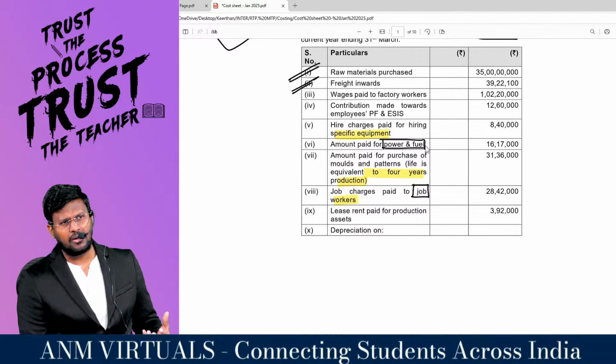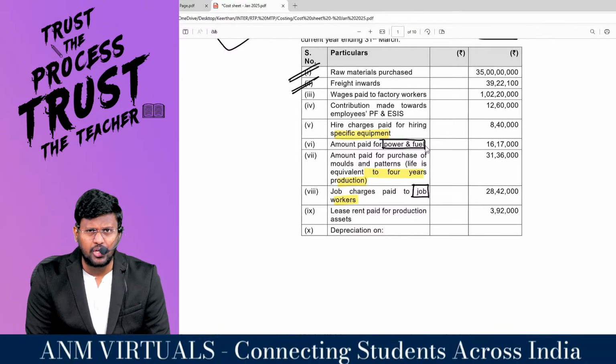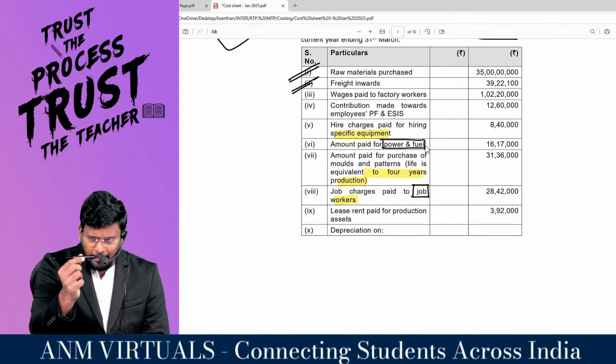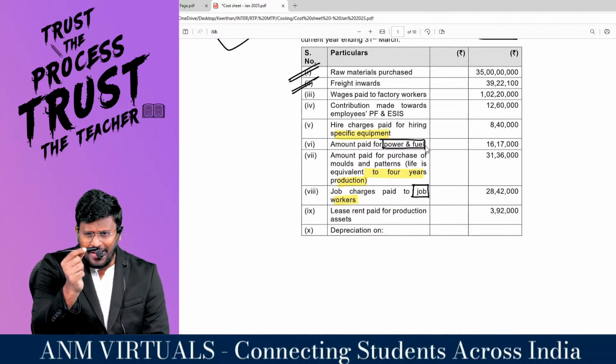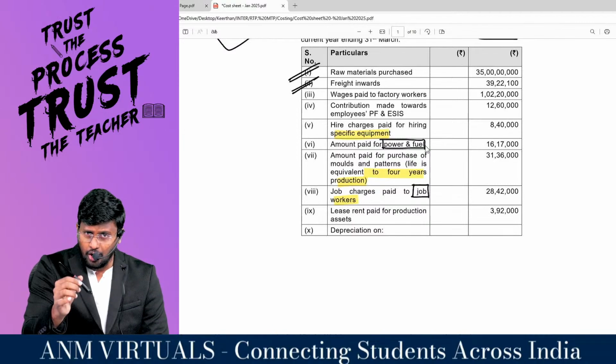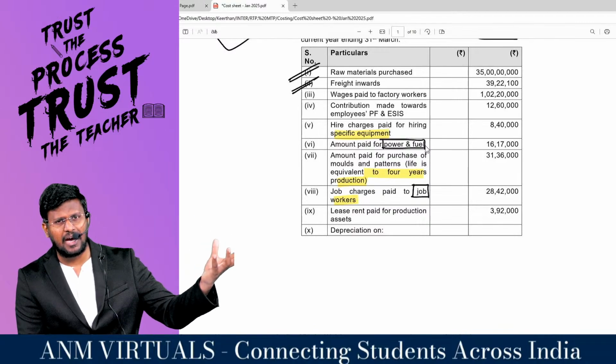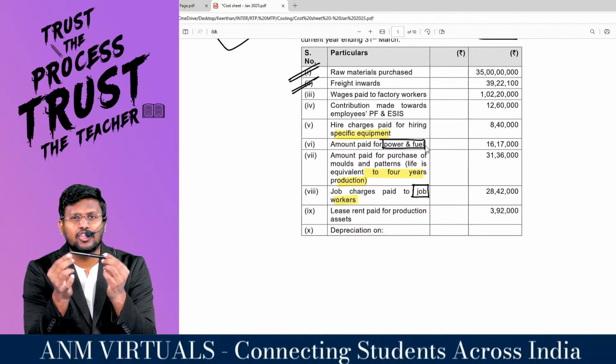For example, there are two companies. One company is manufacturing a certain product. For example, I am manufacturing this pen. Why is the shape or size of this pen like this? Because my holding company, which is situated outside India, said that I have to manufacture the pen like this.